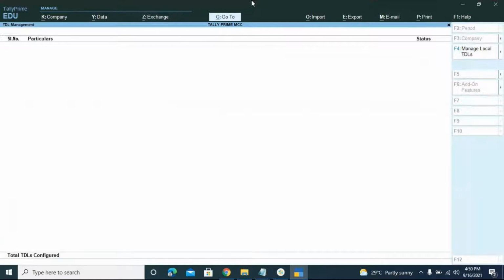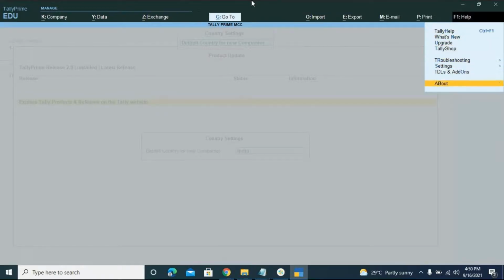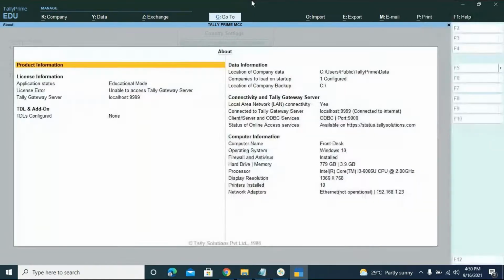Of course, in case you want any configurations or any add-on features, everything will be applicable here in the TDLs and add-ons. And about, which I showed in the initial classes itself. So what is this About option?